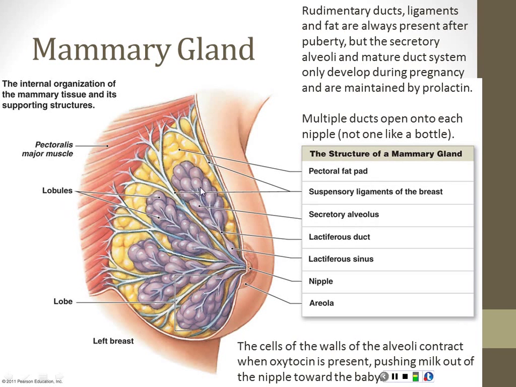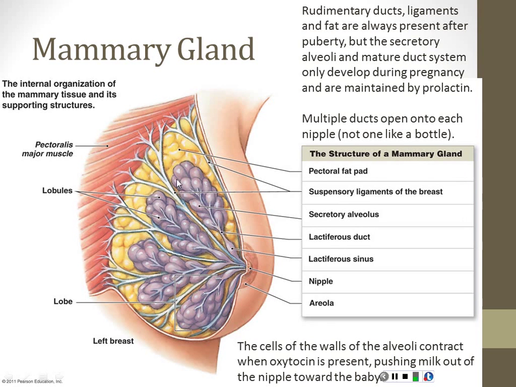So there are multiple radial lobules, in other words, they go out like spokes of a wheel. Yes, the secretory alveolus, that's these little balls here. Alveolus is grape. Do you see how that kind of looks like a bunch of grapes, right? And these alveoli are separated into lobules.